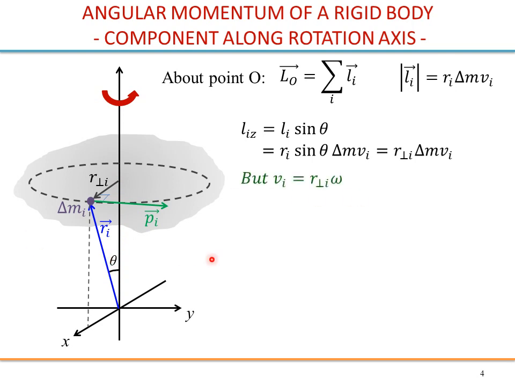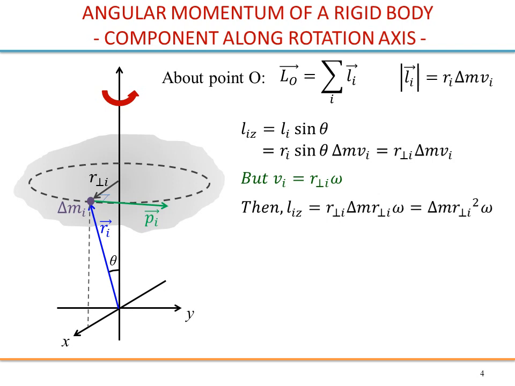We would like to take away this linear variable and put an angular variable, omega, which is much more friendly, and doesn't depend on the position of the particle in this solid. We have vi equal R perpendicular i omega. So we replace vi in this expression, and we get this.